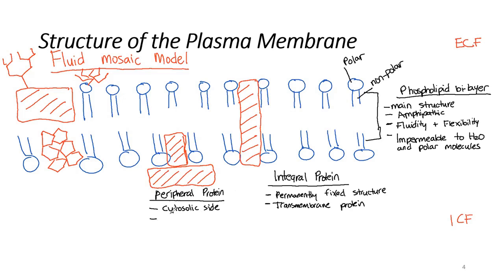It can easily dissociate and move around the plasma membrane and move from one spot to the other. Okay, so those are our two types of proteins. We've got integral proteins that are crucial to the structure and function of the membrane, and then peripheral proteins that are temporary proteins. They're on the cytosolic side within the cell, and they can move around easily.